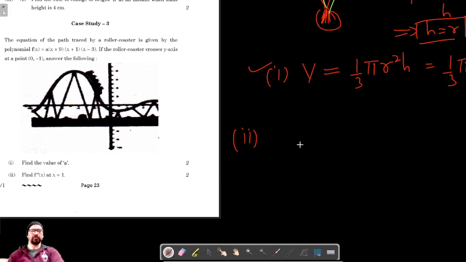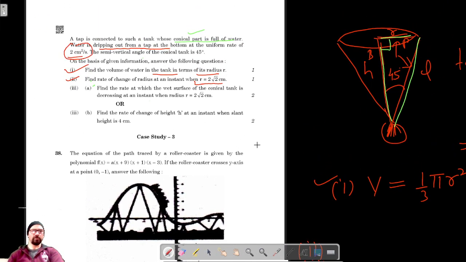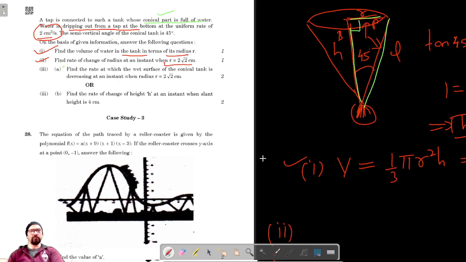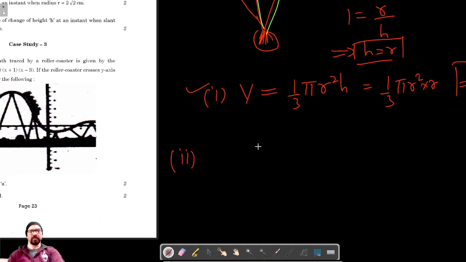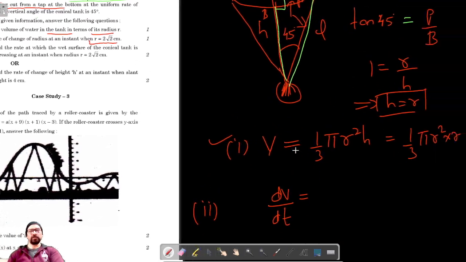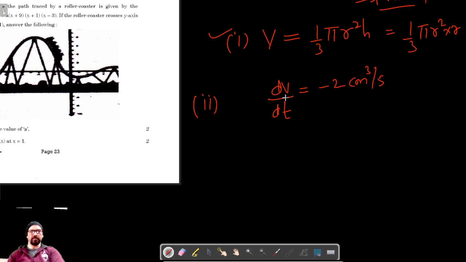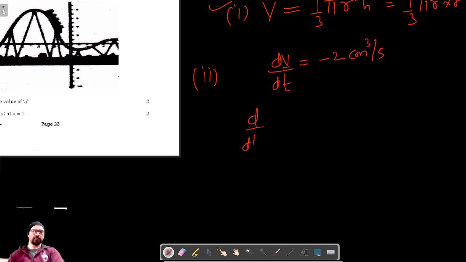We missed the information that was given to us: water is dripping at a uniform rate, so the volume of water is coming out at the rate of negative 2 centimeter cube per second, emptying the tank. The volume of the tank is 1 by 3 pi r cube, so dV/dt is minus 2 centimeter cube per second.